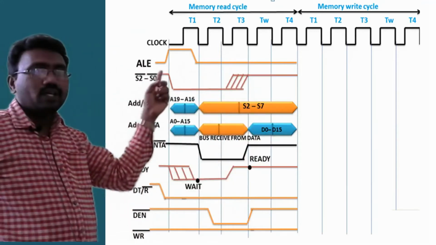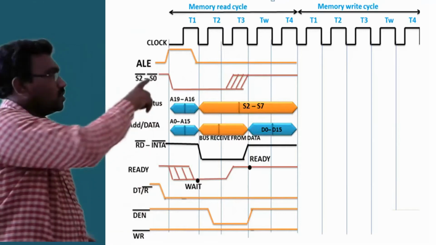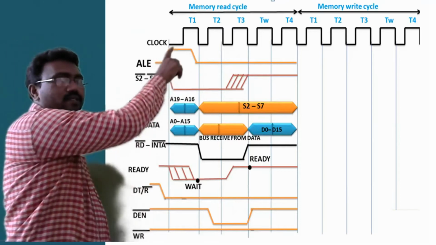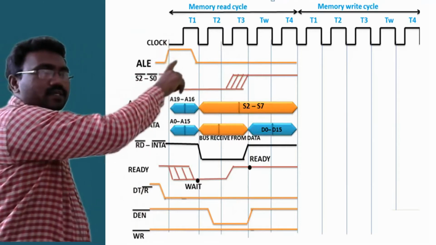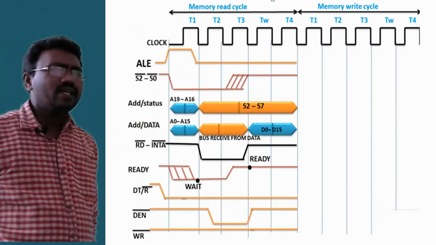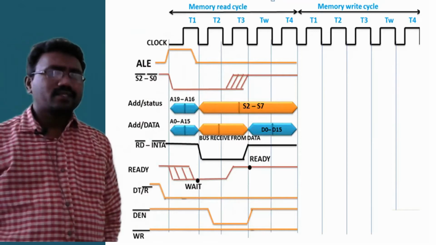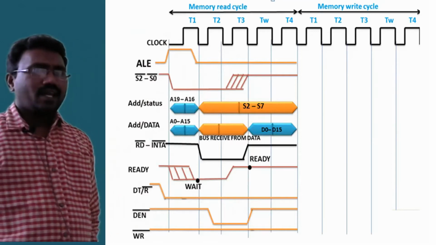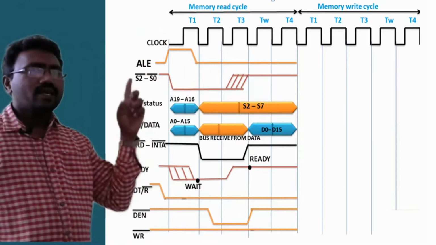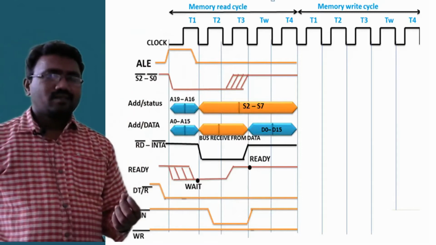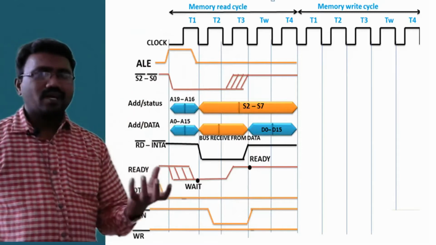Observe, during T1, ALE is 1. What is ALE? Address latch enable, to separate the address from the multiplexed lines. ALE is connected to latches, and latches separate the address lines.